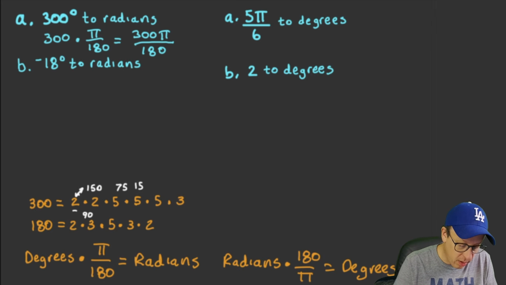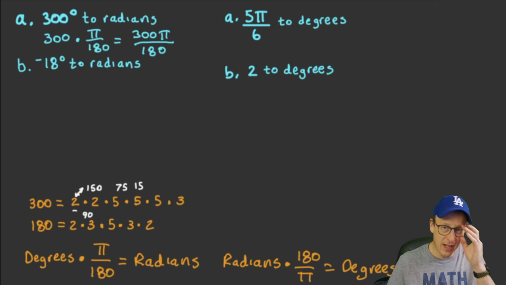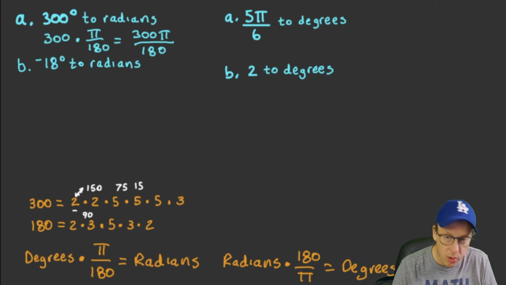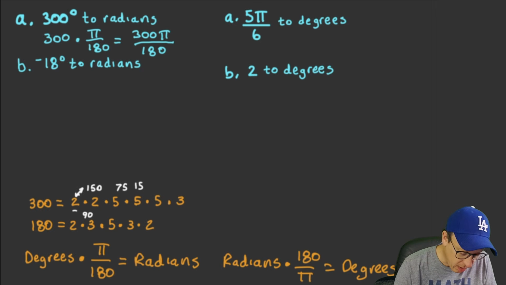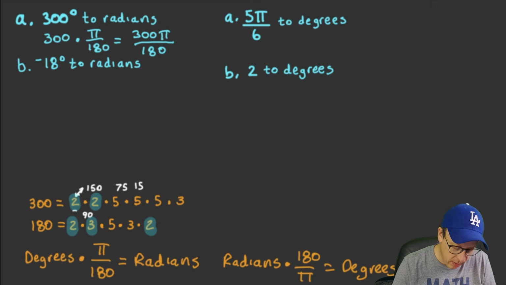After you find all those prime values that you multiply together to get those numbers, you find those that are in common. There's a 2 here, a 2 there, a 3 here, a 3 there, a 5 here, a 5 there, and all I'm left with is a 3 and two 5s.